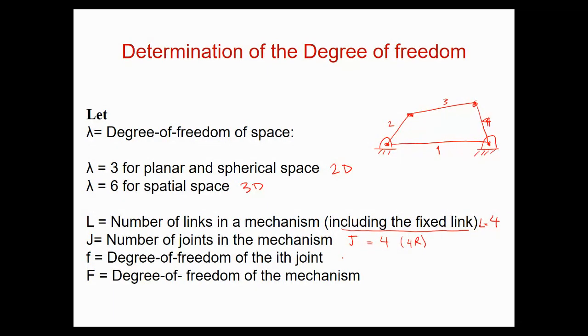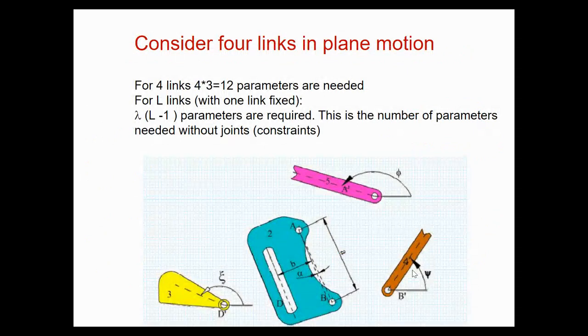And f is the degree of freedom of all joints. We have 4 revolute joints, so f equals 1 for all joints, let's say. And F is the degree of freedom of the mechanism. What is the degree of freedom of the mechanism? We want to find that out.